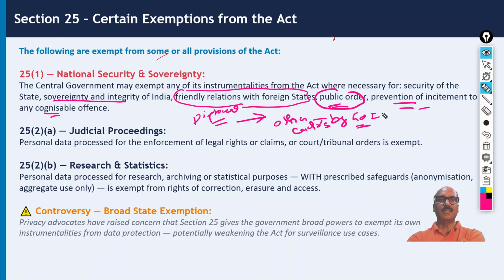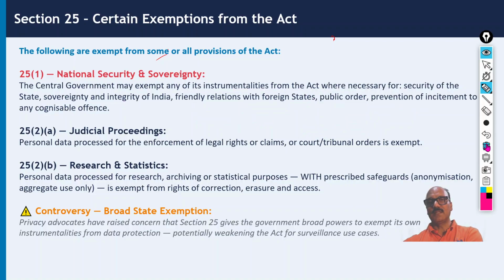For all these reasons, the agencies which do these activities obviously have to be exempted from the DPDP Act. Otherwise, they are unable to perform their functions. Okay, I think you got the real reasons why certain agencies, which we generally call instrumentalities of the government, are exempted. All these agencies are called instrumentalities of the government. Judicial and legal as well, you know that, right?